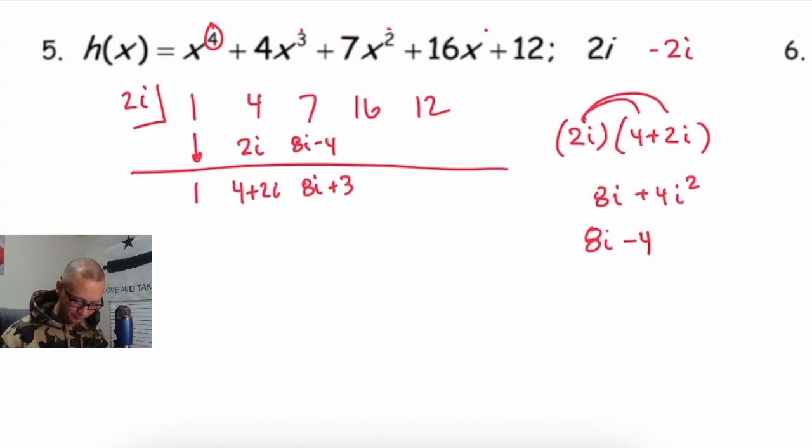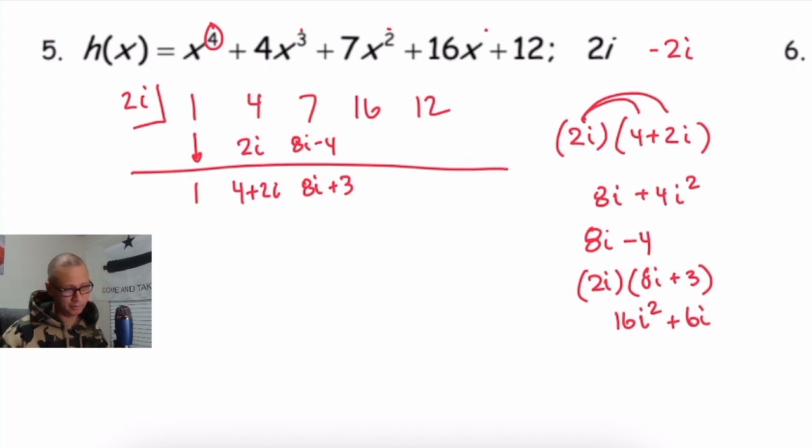When we multiply, 2i times 8i plus 3. This is going to be 16i squared plus 6i. i squared is going to change it to negative, so 6i minus 16.